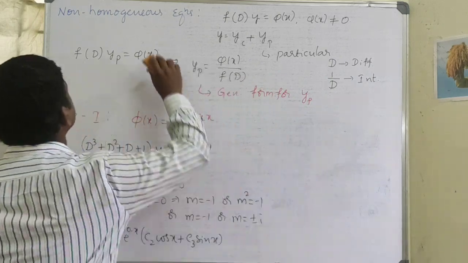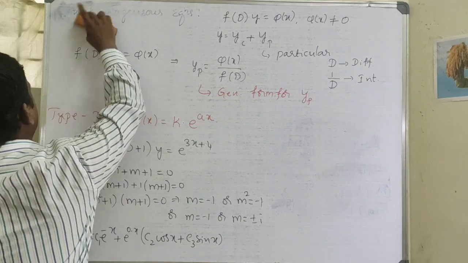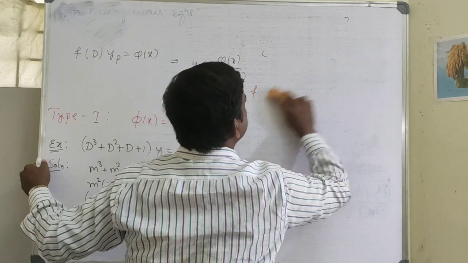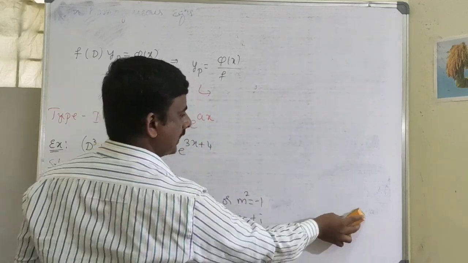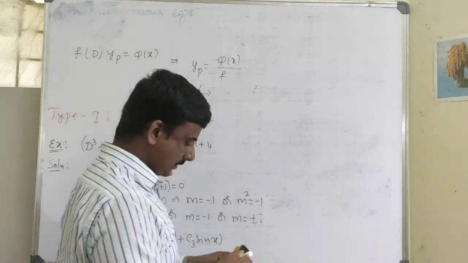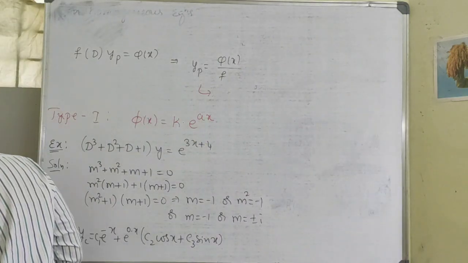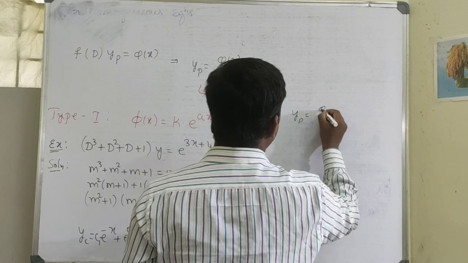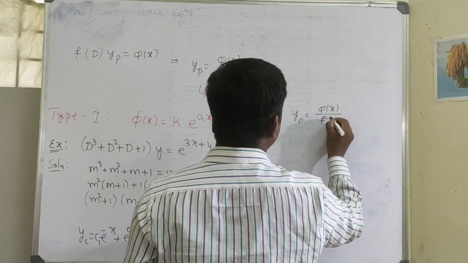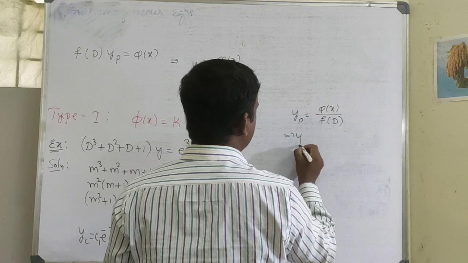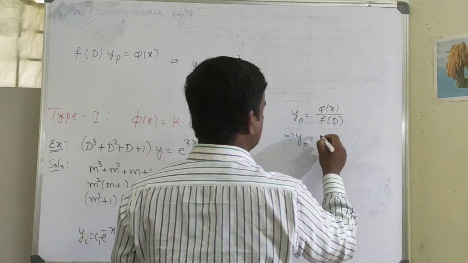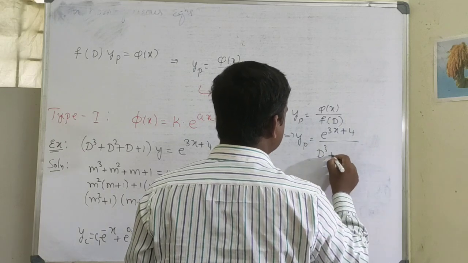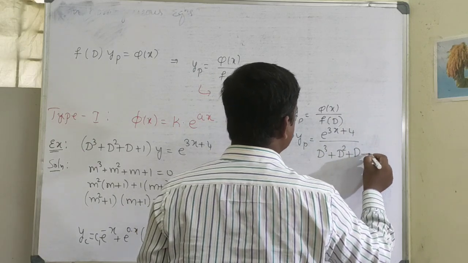So we have yp, the particular solution. I'll write here yp equal to phi of x divided by f of d. So yp equal to e power 3x plus 4 divided by d cube plus d square plus d plus 1.